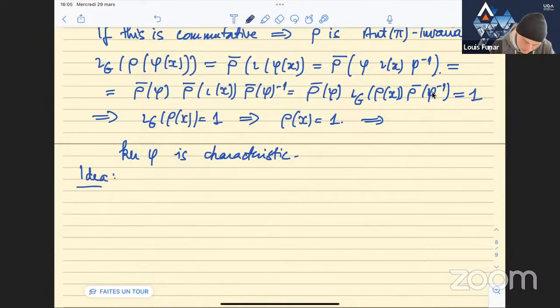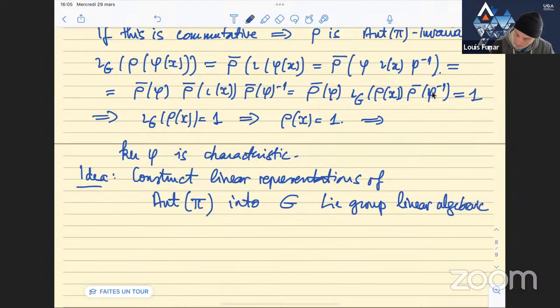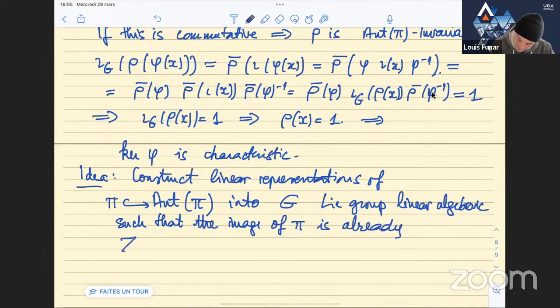I construct linear representations of the group of automorphisms into some Lie group G, linear algebraic, better defined over the rationals, such that now you have here a group pi, which is embedded here, such that the image of pi is already Zariski dense in G.